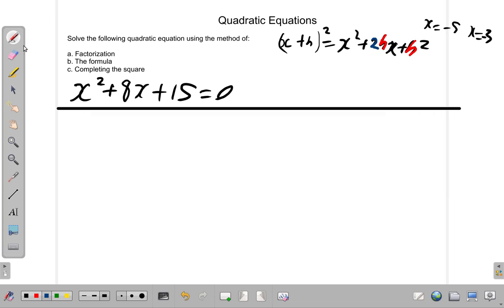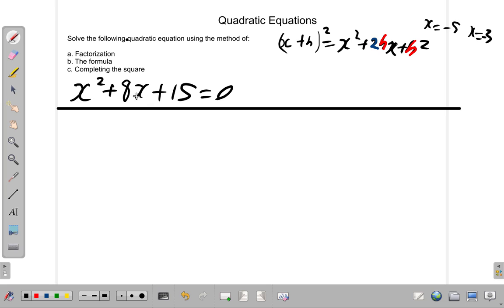Now, let's look back at the problem in front of us. When you're solving this by completing the square, you want to have it in this form: x squared plus 2hx plus h squared. Now, look at this. You have x squared plus 8x plus 15.